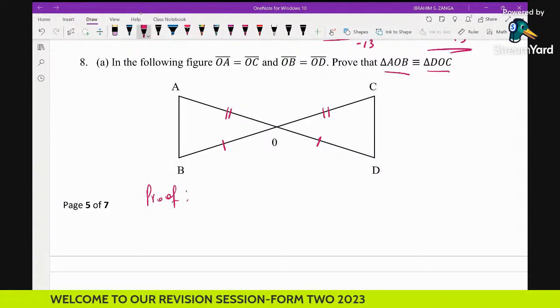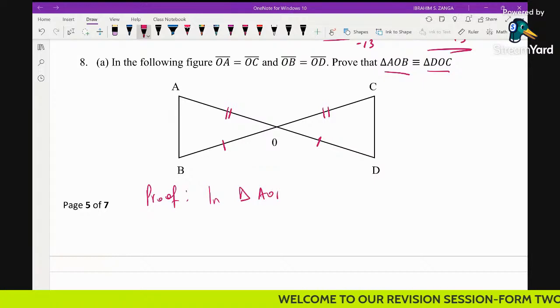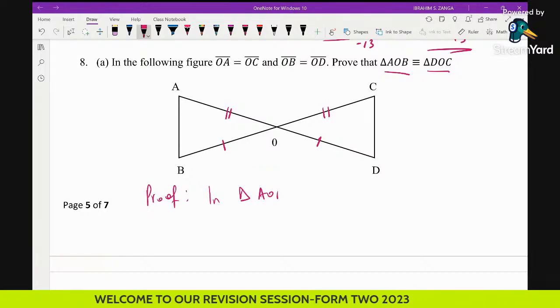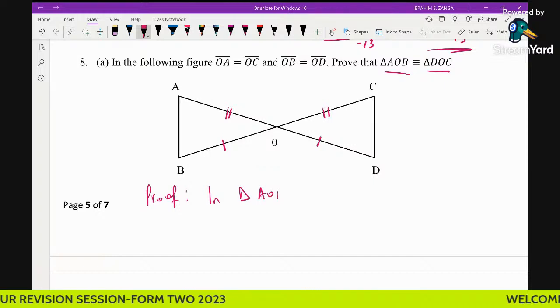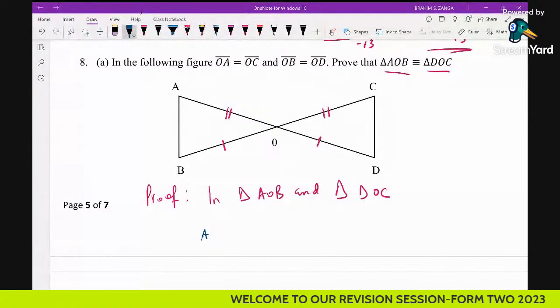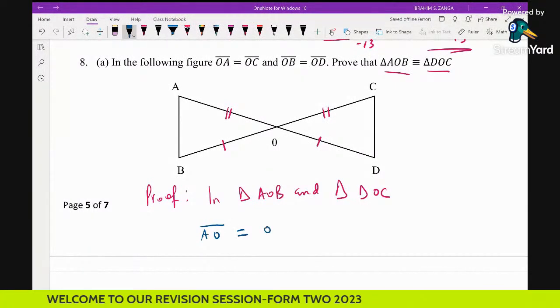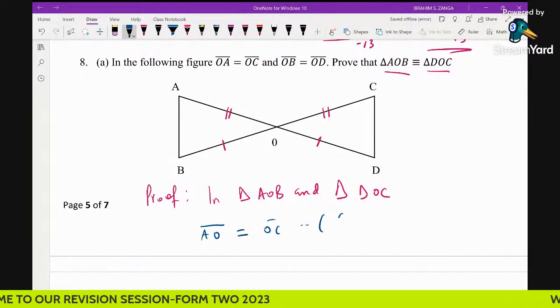We were given in triangle AOB, we see that AO is equal to OC, and this is given.